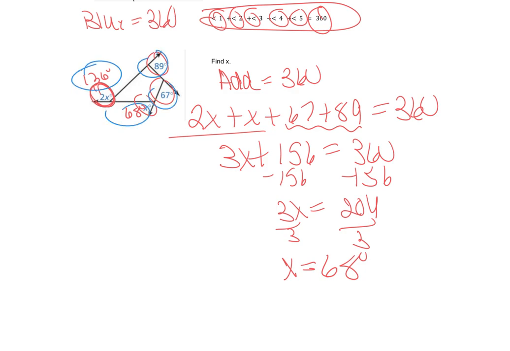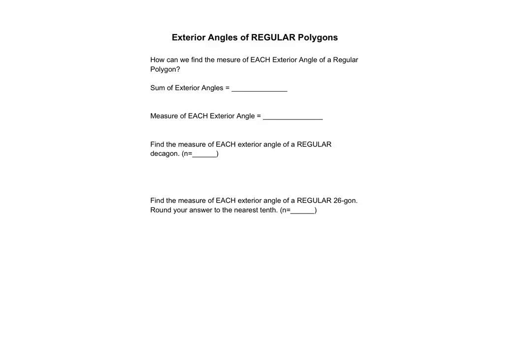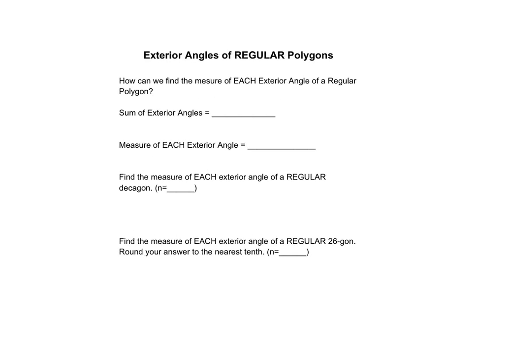All right, last thing. Exterior angles are kind of nice because you don't have a whole lot of calculating you have to do, generally speaking. But again, we're going to talk about each exterior angle, just like we did when we did each interior angle. Remember, each interior angle we divided by the number of sides. Well, again, we're going to do the same thing.